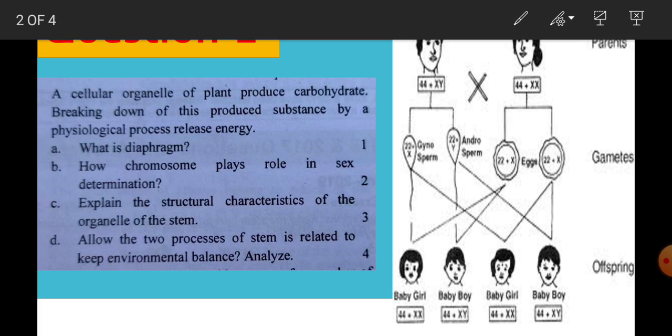Here you can see the father has 44 chromosomes along with XY, and the mother has 44 chromosomes with only XX.